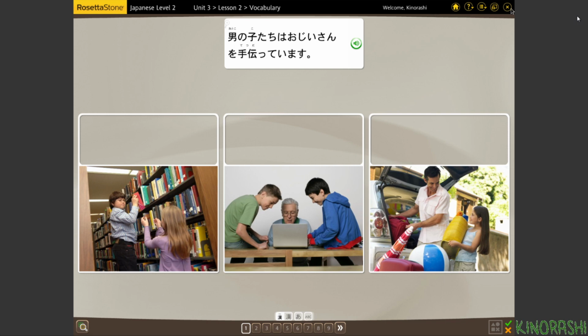That's how it's being used. Oji-san is a way referring to anyone that's basically of grandfather age, and Oba-san is anyone of grandmother age.